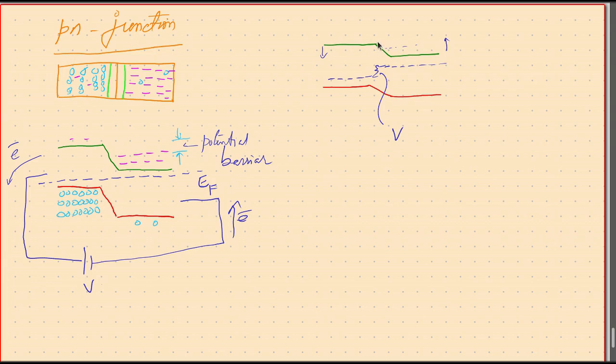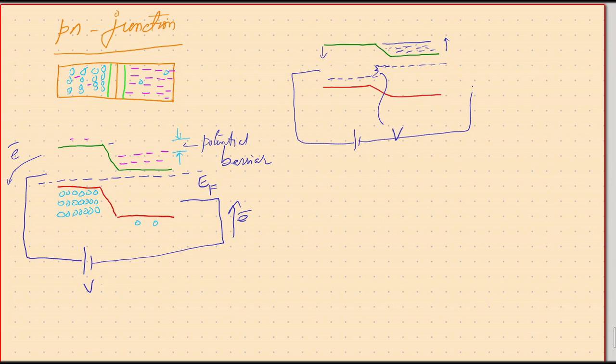Then at one point this level will reach here. Till then you don't find any flow of electrons possible, till this upper level reaches this point.